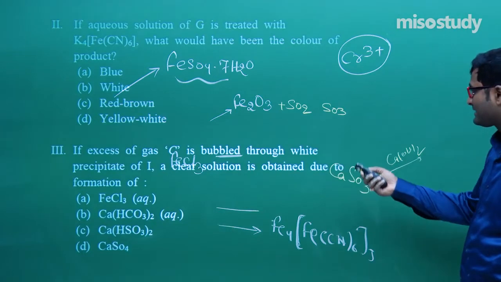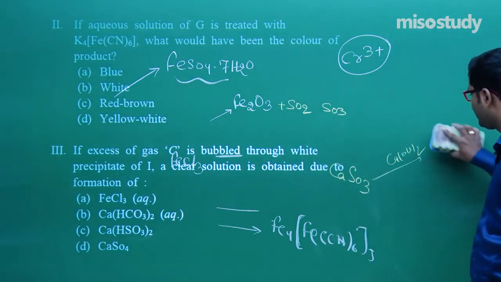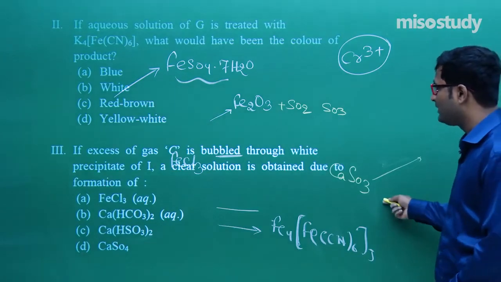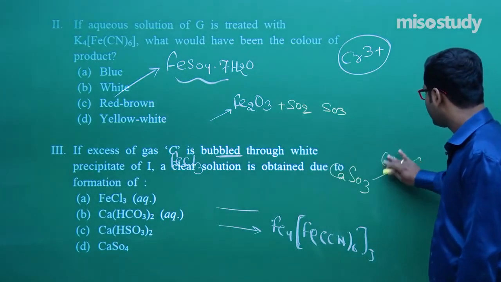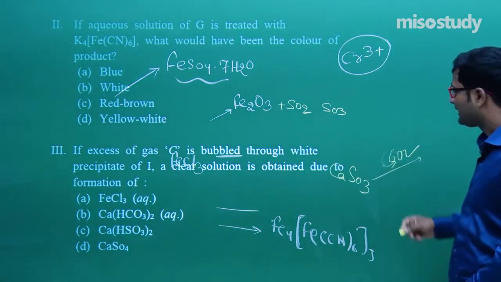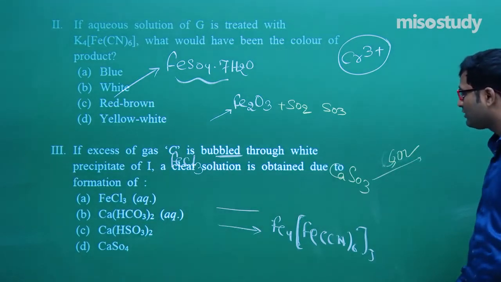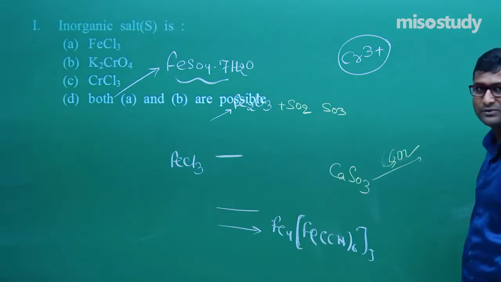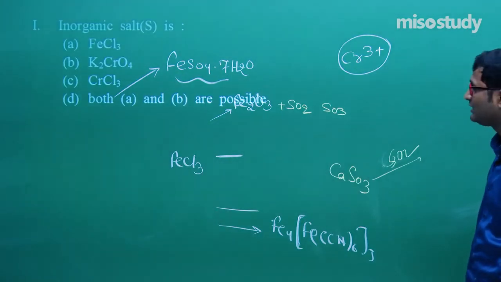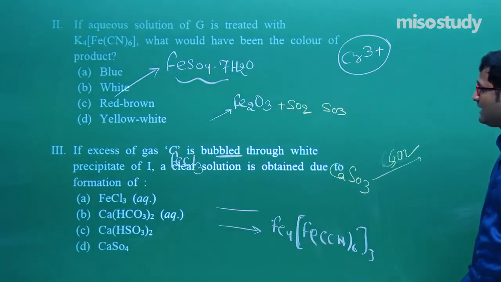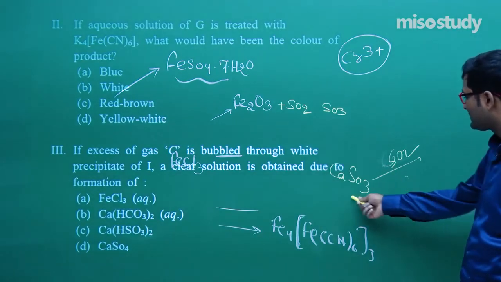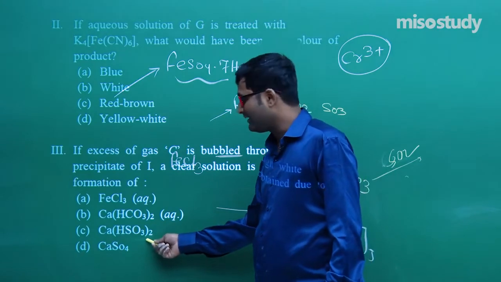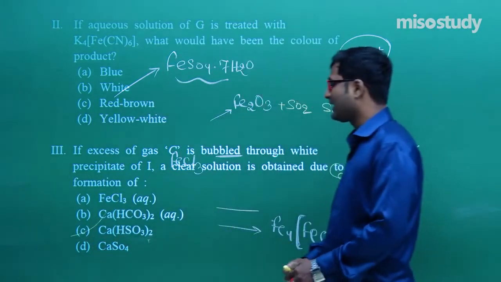If excess of gas C is bubbled through the white precipitate, C is SO2. Clear to you? Definitely a clear solution is obtained. As we all know, do you remember the case of CO2? It gives Ca(HCO3)2. So in this case, what will happen?